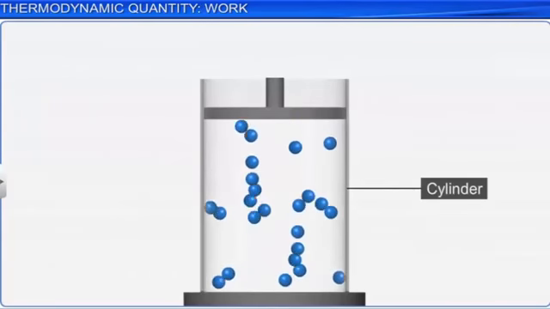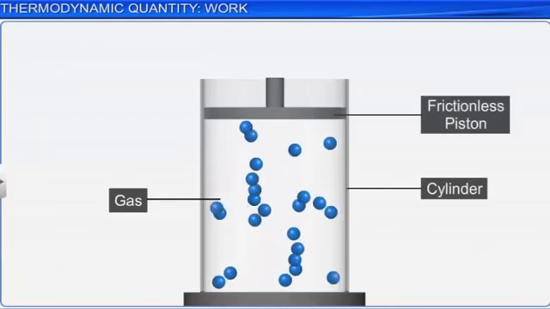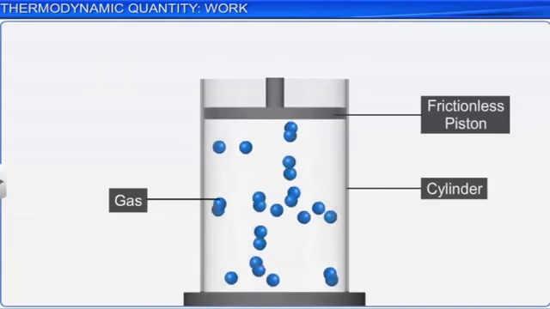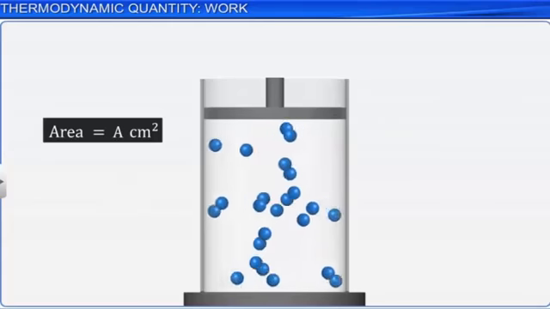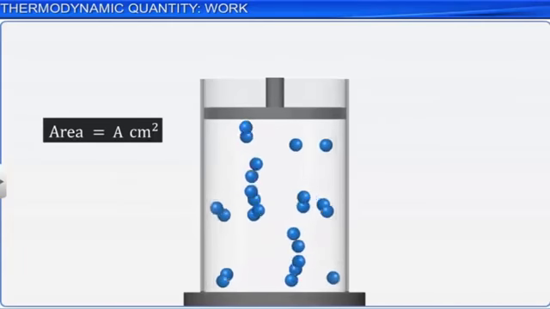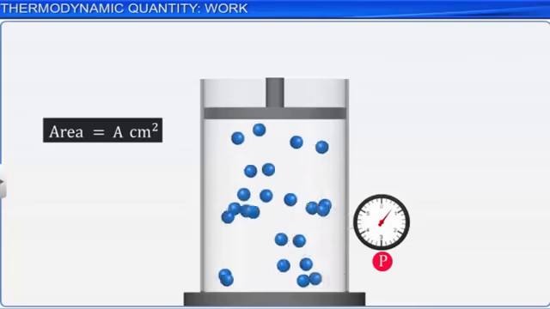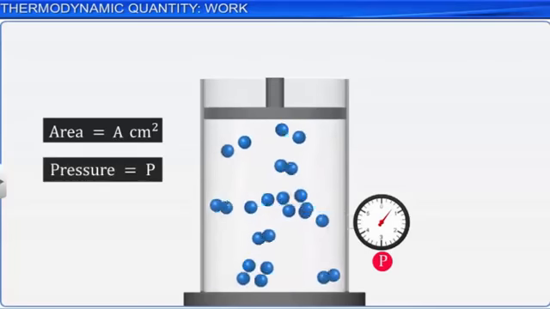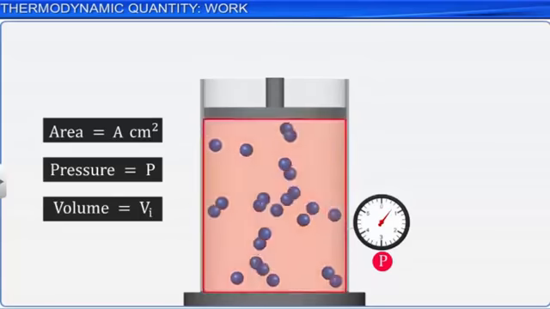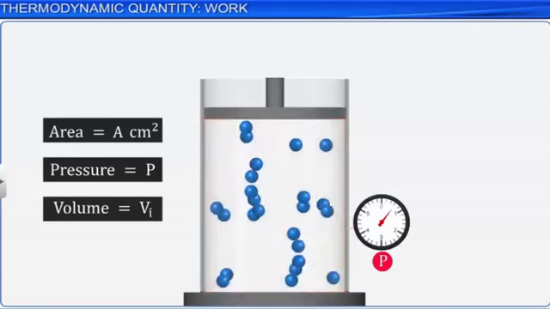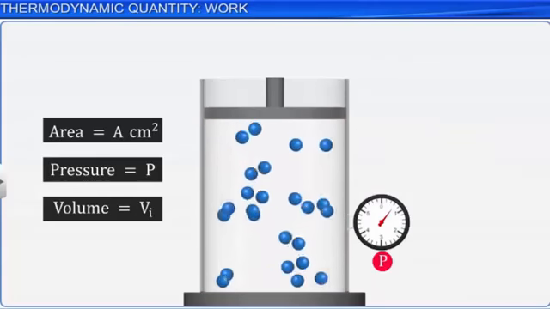Consider a cylinder filled with 1 mole of an ideal gas and fitted with a frictionless piston. Let's say the area of the cross-section of the cylinder is A square centimeter. The pressure of the gas inside the cylinder is P, and the volume of the gas inside the cylinder is VI. Here, VI stands for the initial volume of the gas.